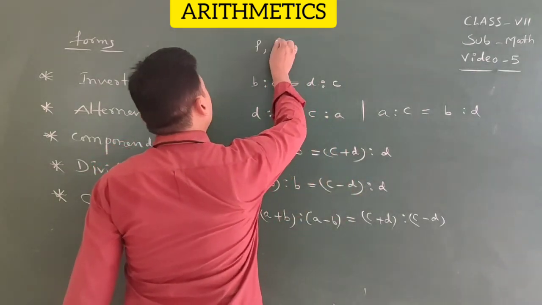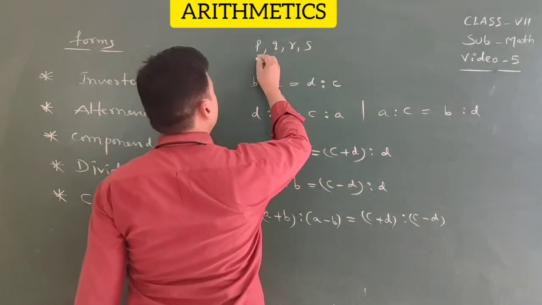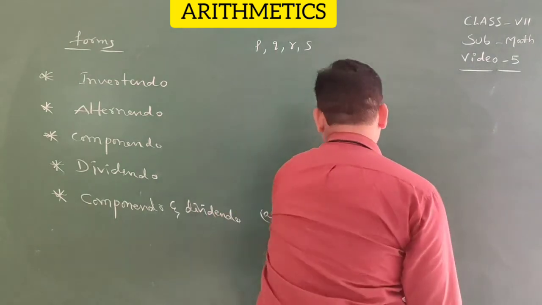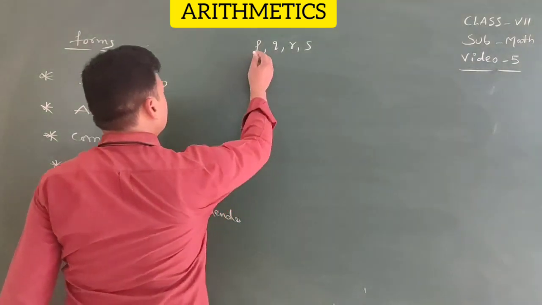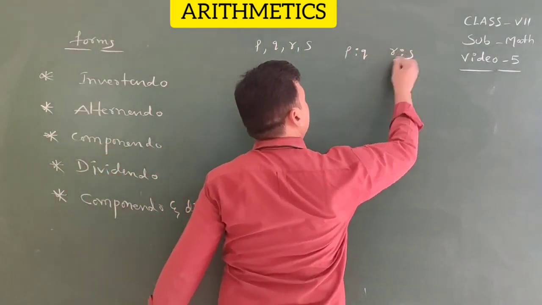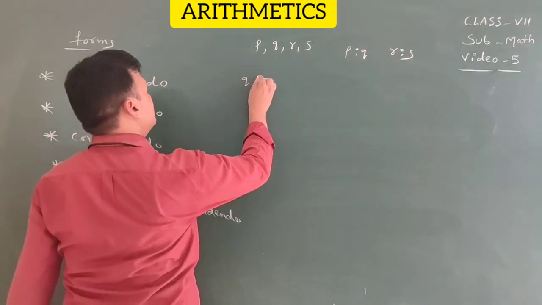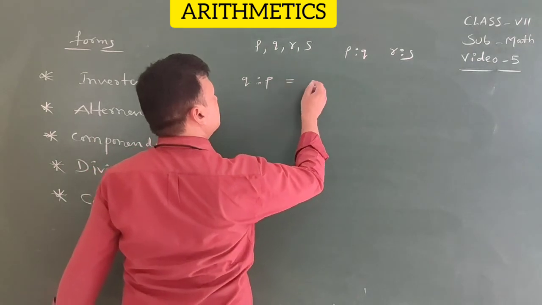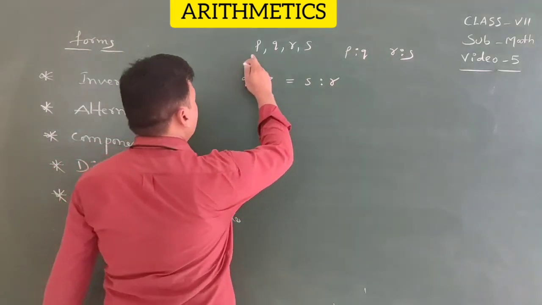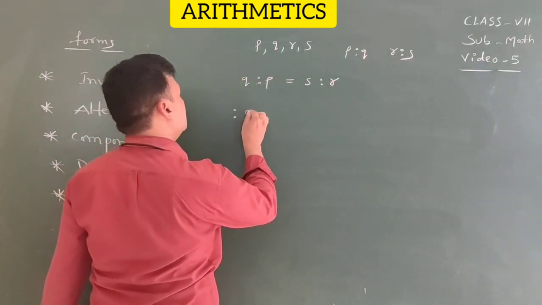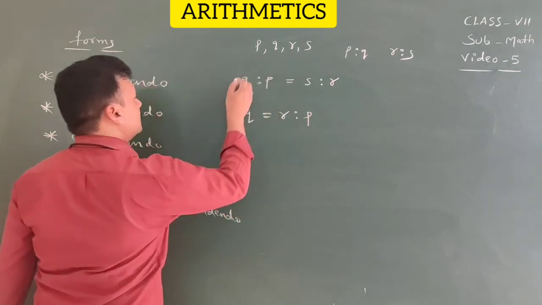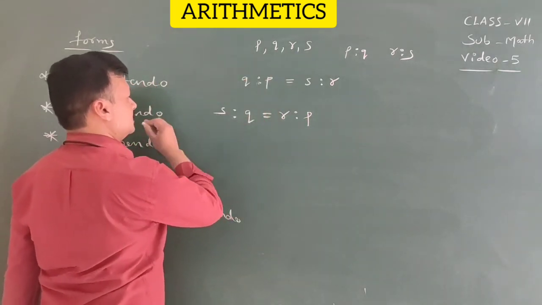For example, invertendo for P is to Q and R is to S: Q is to P equal to S is to R. Then alternando: either P is to R or Q is to S, the terms need to change.